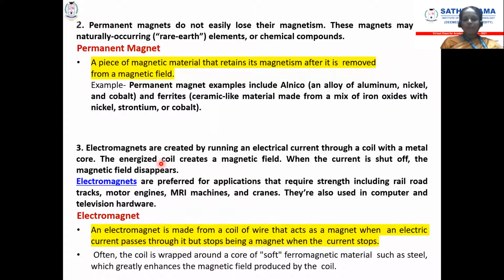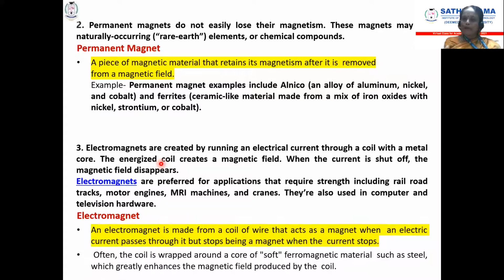So what is an electromagnet? When I take any magnetic material, I wound a coil around it. It is nothing but an electric coil. I pass the current through it, and automatically it experiences a magnetic field around the coil. When the supply is removed or the current is shut off, the magnetic field disappears.